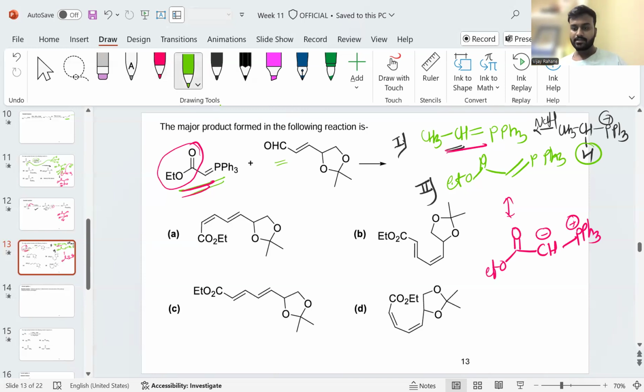And this salt gets stabilization, this negative charge, due to the delocalization into the carbonyl group of this ester, right?